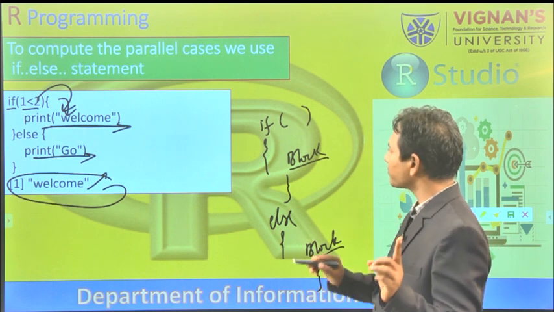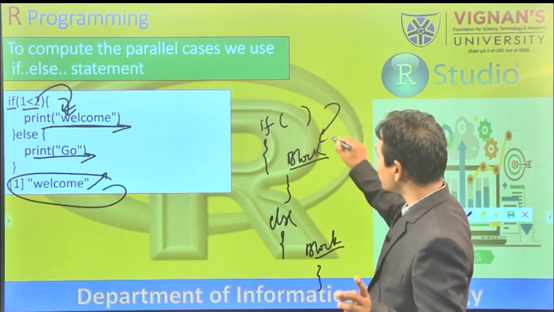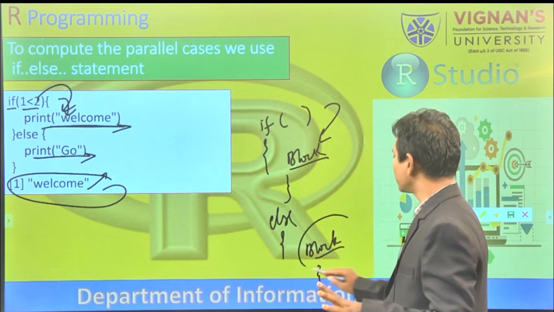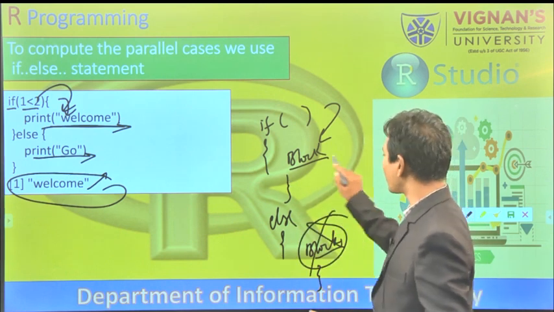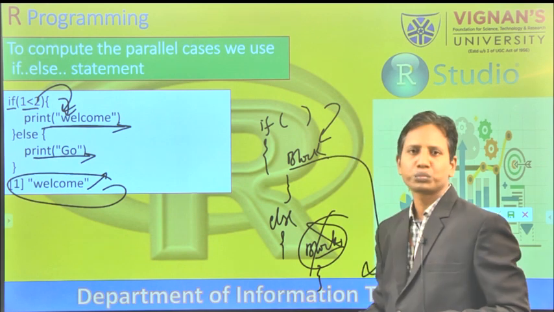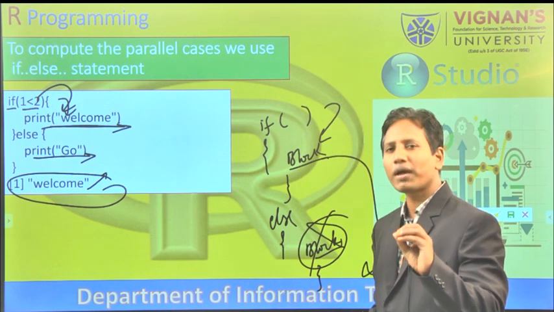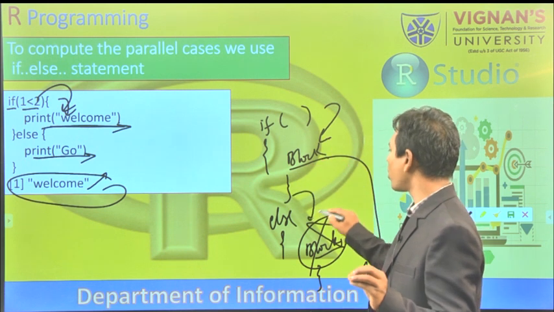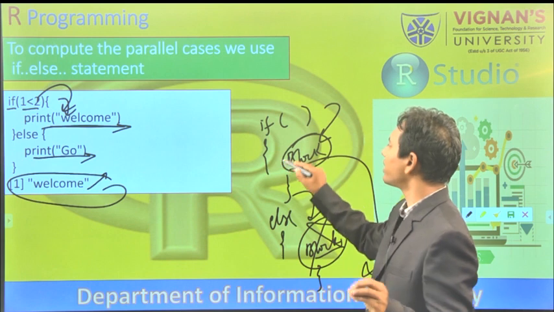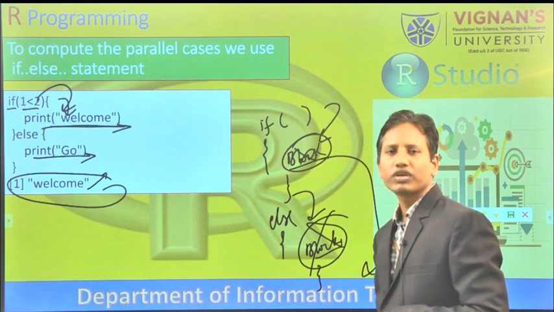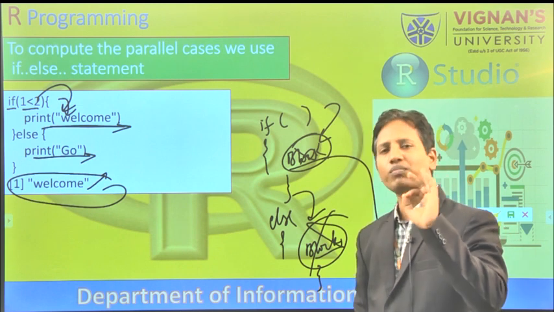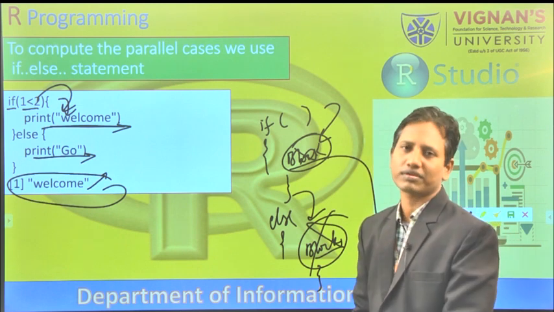If the program entered into this block, then it won't check for this block. Directly it will come out of here. If the program does not enter into this block, then it will come to this block and it won't display this part. So only one part is going to be displayed. This is an important thing I have to remember. Okay.